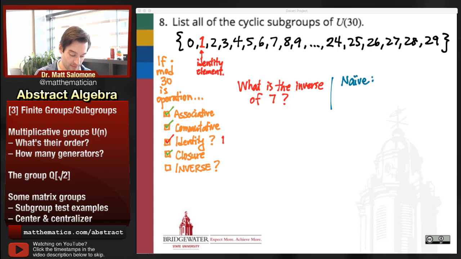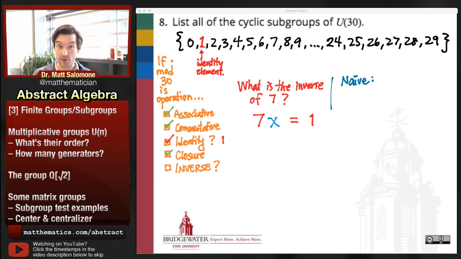that if I'm looking for an inverse for 7, what I'm trying to do is solve the equation 7 times what, let's say, call it x, right? 7 times what is equal to the identity element in my group, and we decided that the identity element in our group is equal to 1. And so the naive answer is, let's just divide both sides of this equation by 7, as though this were an equation describing rational numbers rather than integer residue classes mod 30.